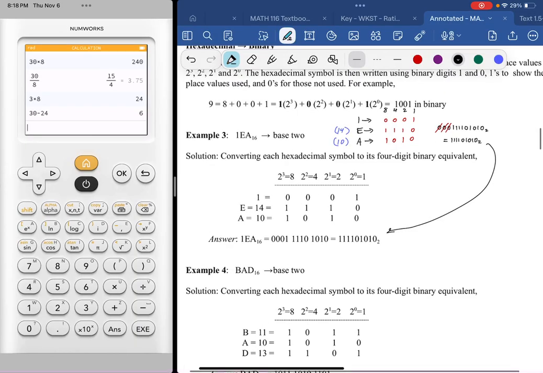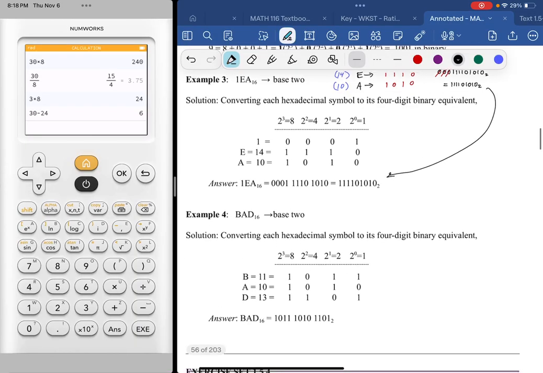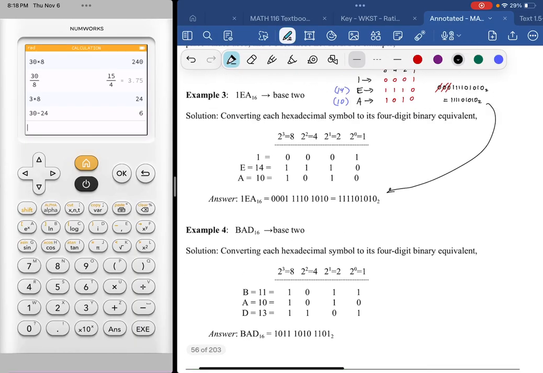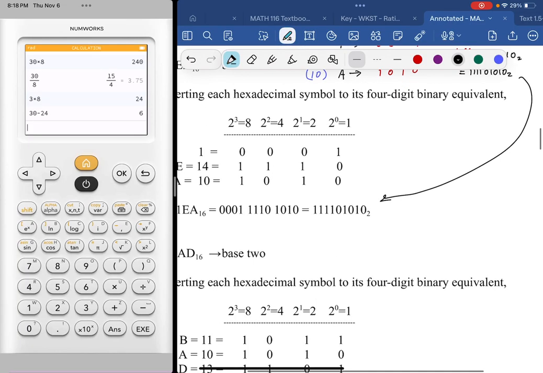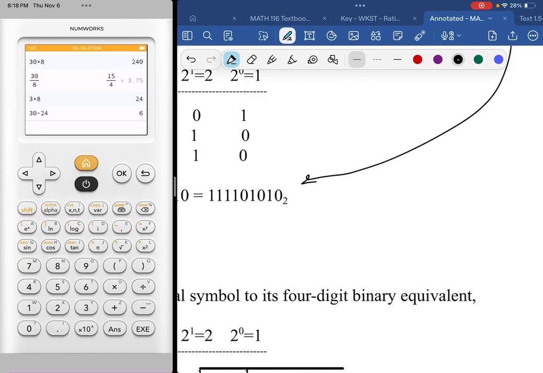All right. And you have a fun one that's made up of only non-numerical digits, but it's really the same idea. So BAD. So we're thinking, this is my 10. This would be 11.